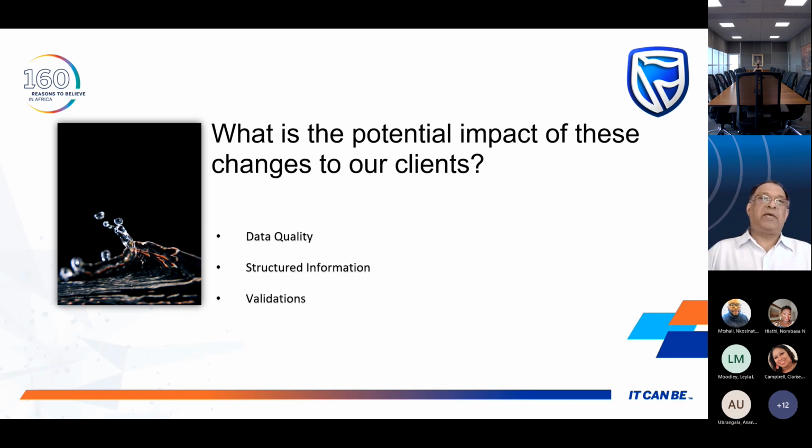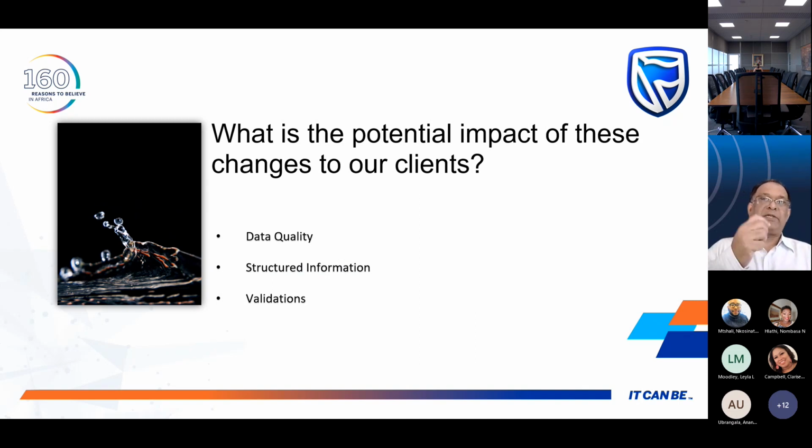If we had made a mistake in terms of our data quality or our structured information, or had not applied the right validation rules to certain fields, and those messages left our bank to another local bank, it would have the same impact in those organizations. What transpired out of this, post the go-live in September, was a daily industry-wide discussion where we looked at the data quality and held each other accountable.